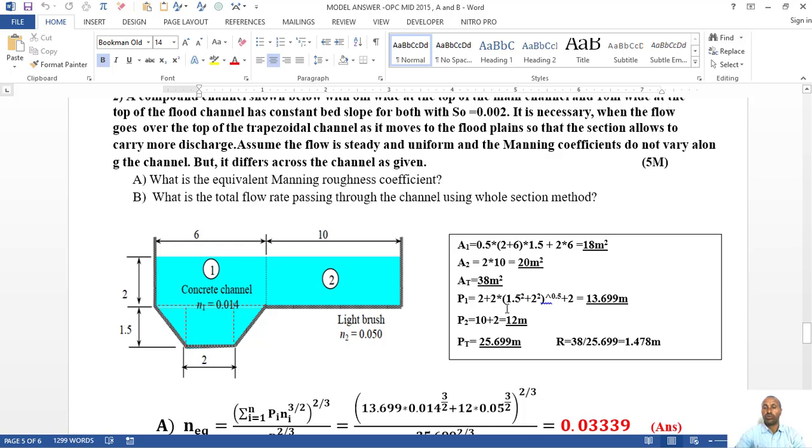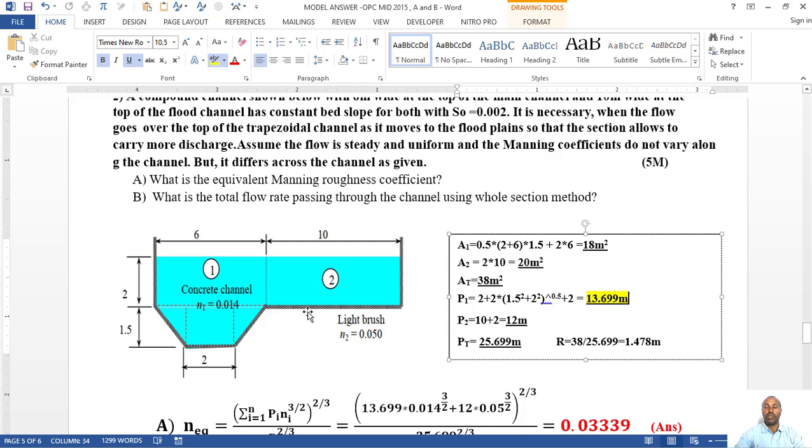Then plus 2 times the square root of 1.5 square plus 2 square, which is the slant side, plus 2. Then once you get this result, P2 again you can calculate. P2 is 2 meter plus 10. So this is 12 meter.